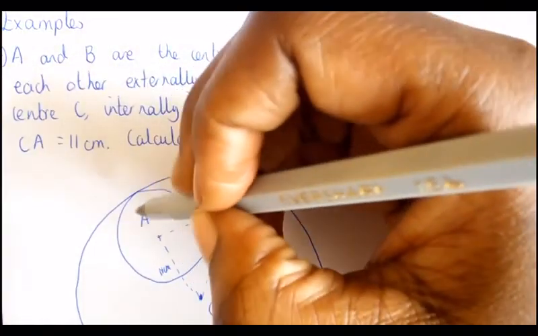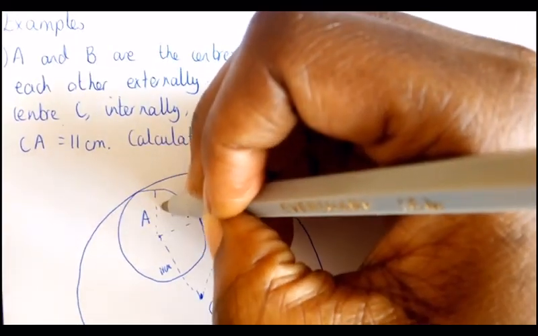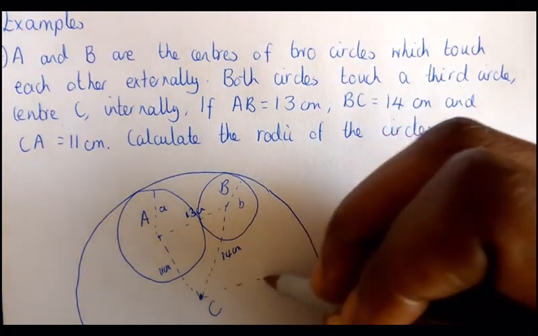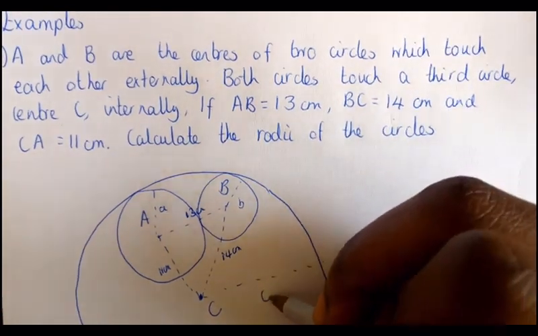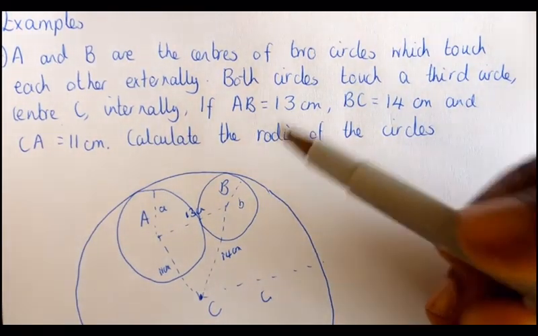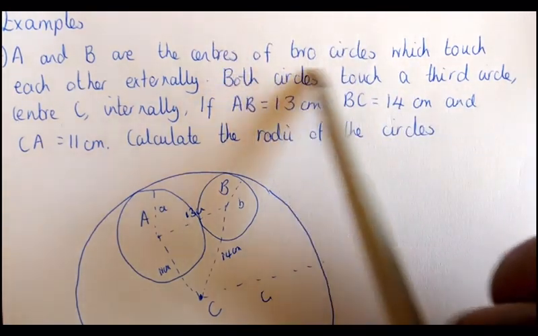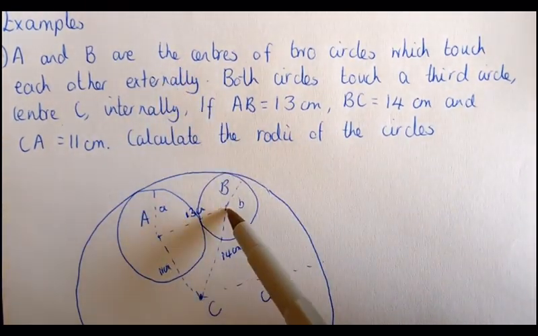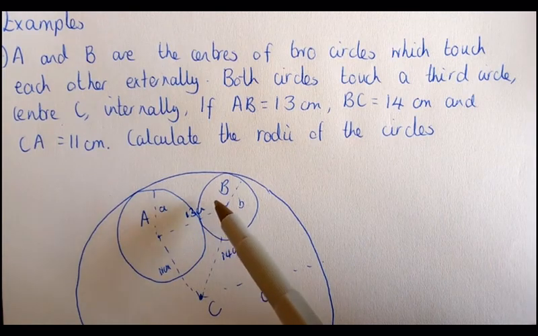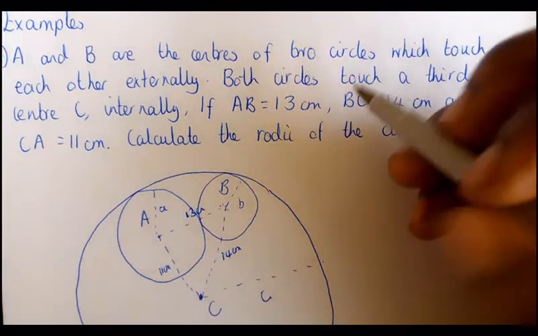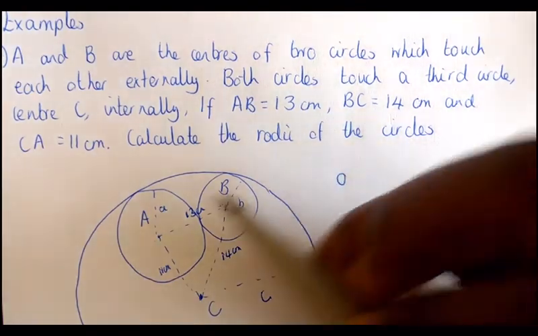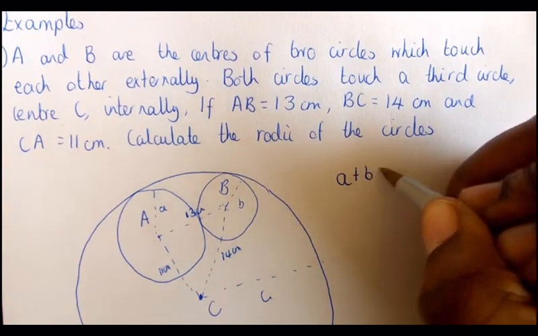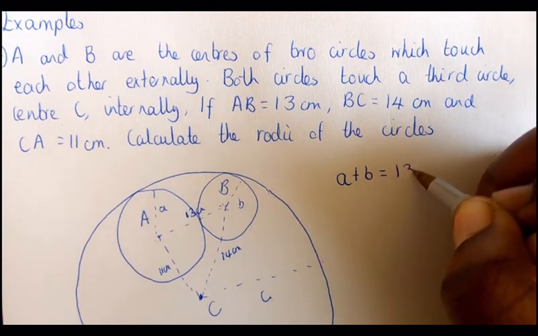So we want to calculate the radius of A, which is small a, the radius of B, which is small b, and the radius of C, which is small c. And we know that circles that touch each other externally, the distance between their centers is the sum of the two radii. So we can say that a plus b is equal to 13.